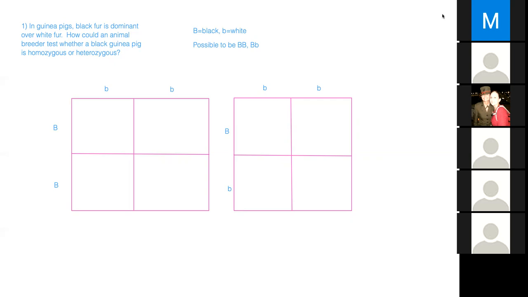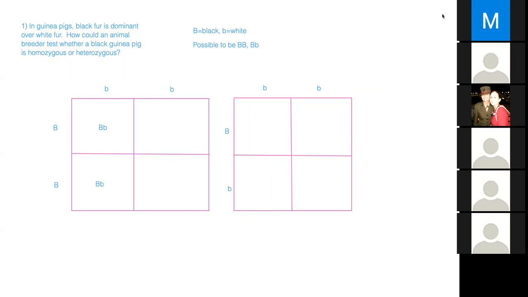What is going to be the outcome of this first option here? Big B, little b. And what is going to be the outcome of this one here? This next one down, the bottom left. Same thing. Okay, correct.